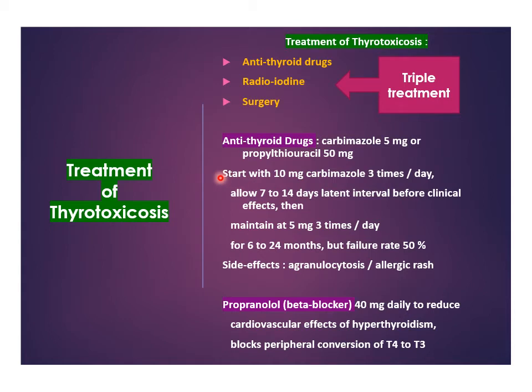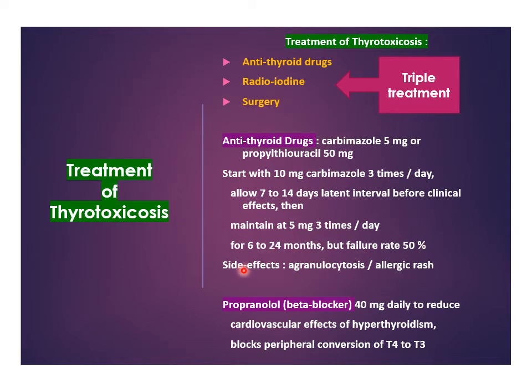Usually carbimazole will start with 10 milligrams 3 times a day, allow 7 to 14 days, usually 1 to 2 weeks, latent interval before clinical effects can be seen. And then once the effect is there, you maintain it at 5 milligrams 3 times a day for 6 to 24 months. The failure rate of this medical treatment, antithyroid treatment, is around 50%.